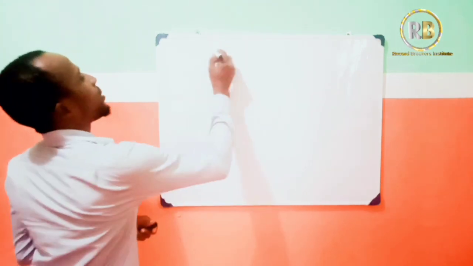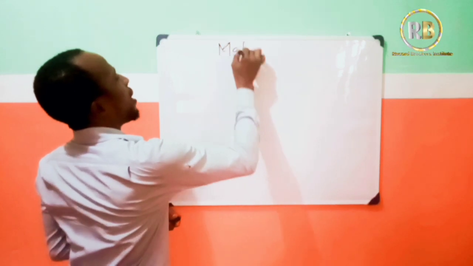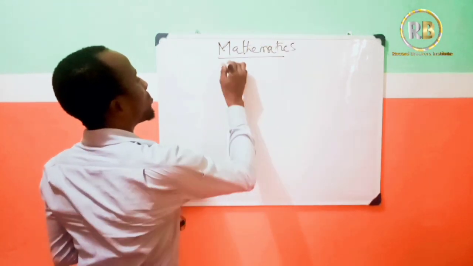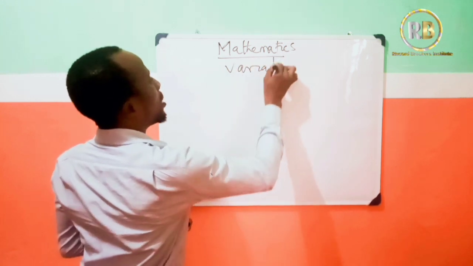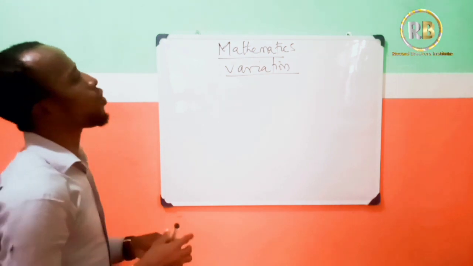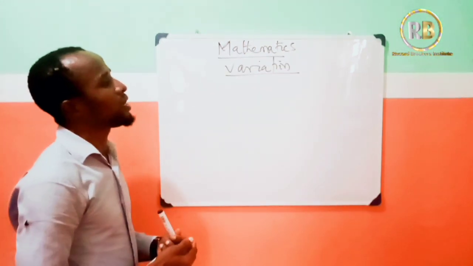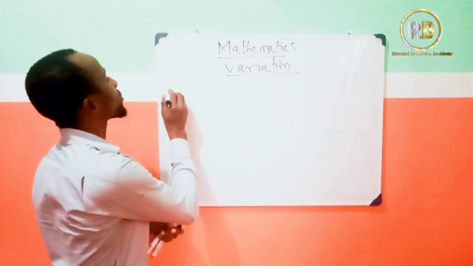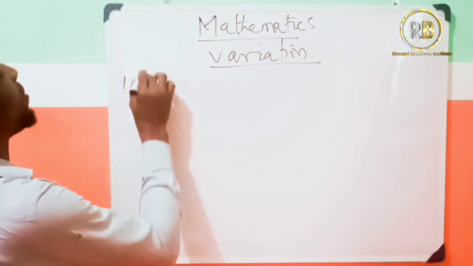Variation. As I said earlier, variation is the relationship that occurs between variables. There are four types of variation. Number one, direct variation.